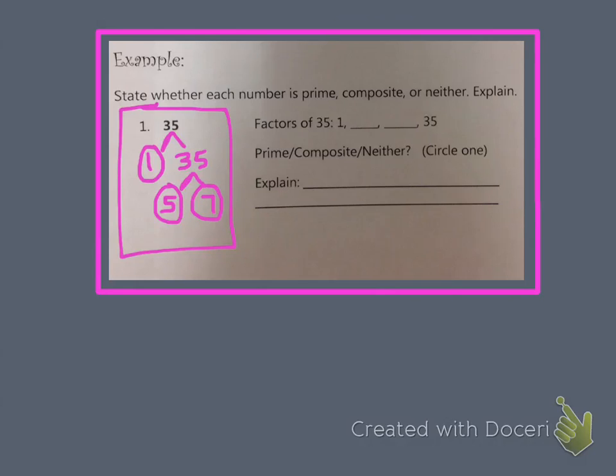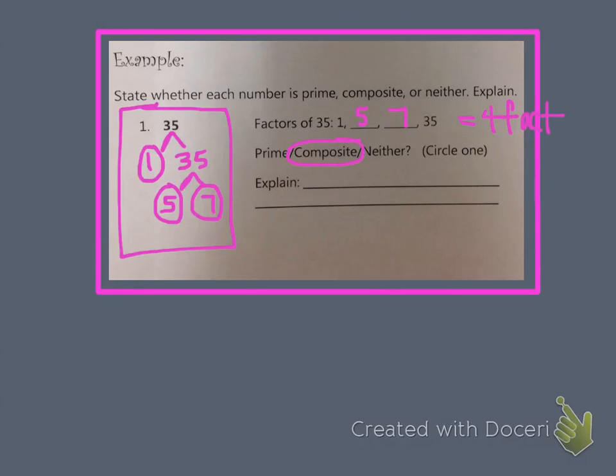So factors of 35 are 1, 5, 7, and 35. So it cannot be prime because it has more than two factors. It has 4 factors. And that means that it is composite. And explain why.